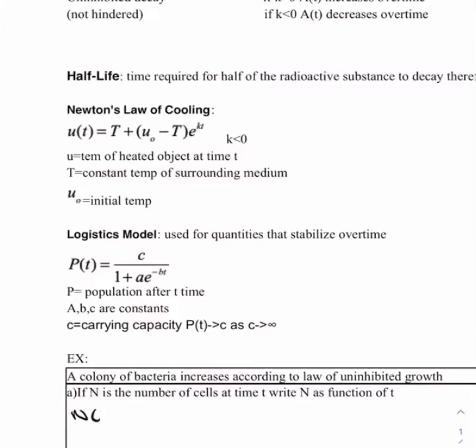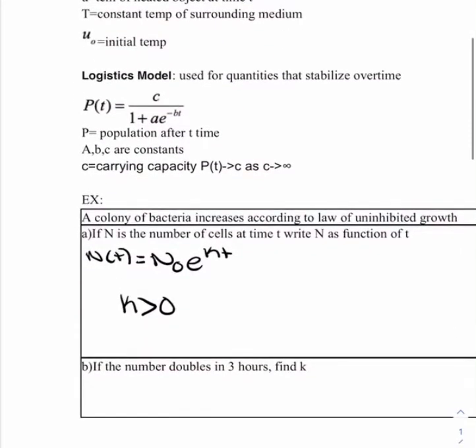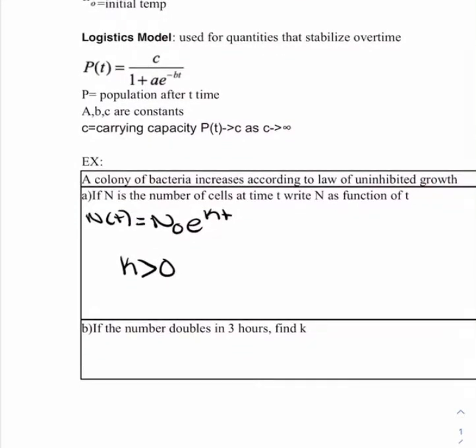So N(t) equals N sub 0 e to the kt, and this is growth, so k is greater than 0. Alright, so if the number doubles in 3 hours, we want to find k. What is k if our number is doubling in 3 hours?